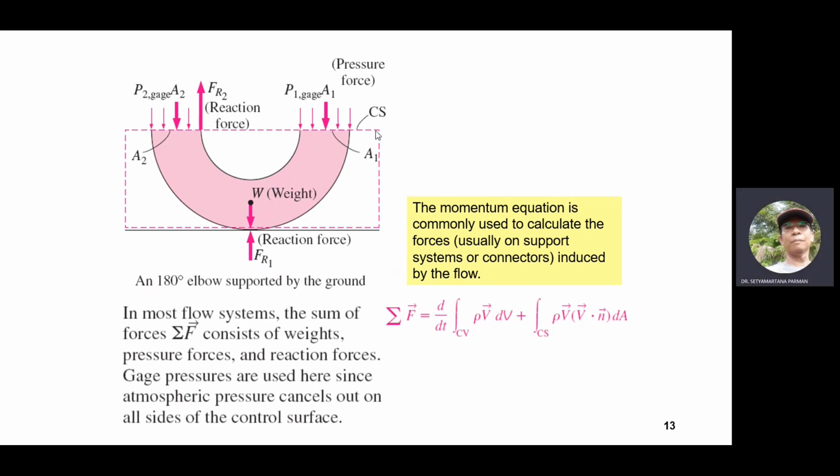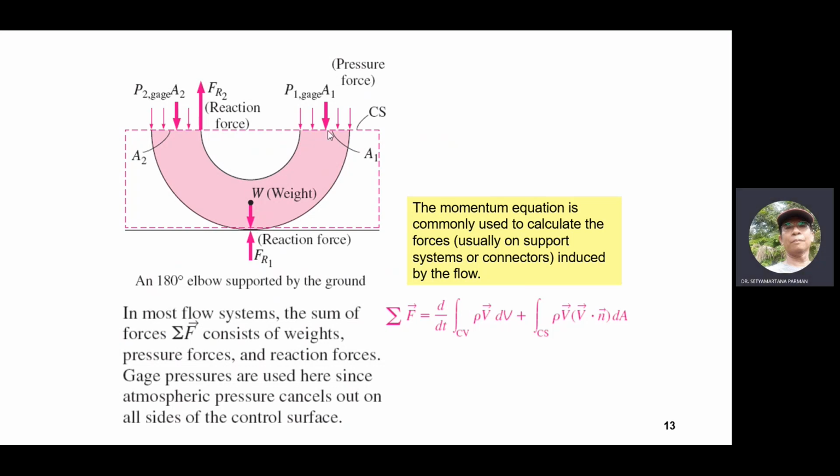This simple control surface is representing the more detailed control surface if we make it in this shape.